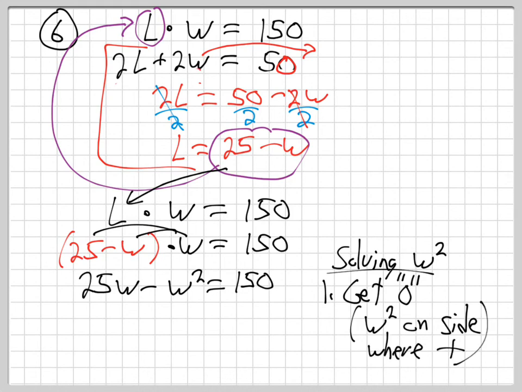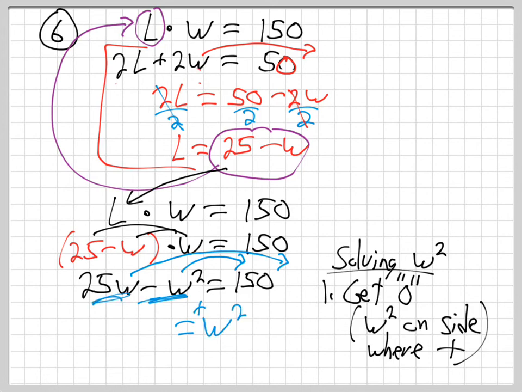So on this one, I'm going to jump everything to the right side. Why? Because W squared is negative on the left. Therefore, if I jump it to the other side, it'll become positive W squared.